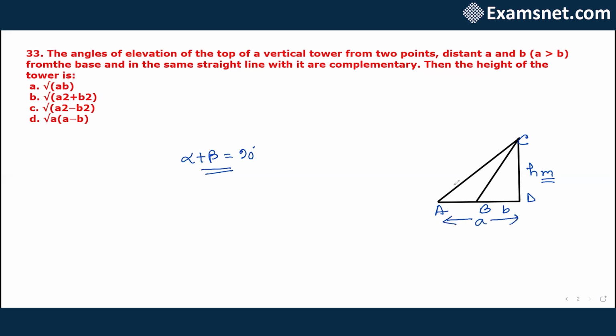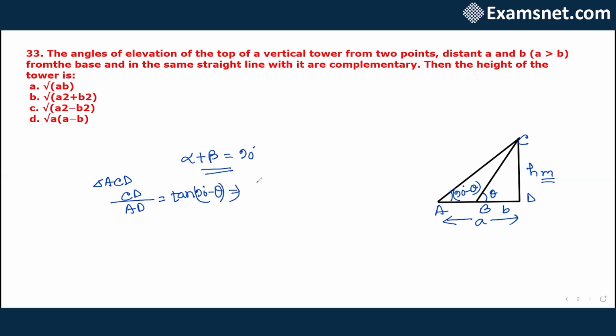The angles of elevation are complementary. If I take one as theta, the other angle will be 90 degree minus theta. So this is the diagram of the above scenario. Now, considering the triangle ACD, CD by AD equals tan 90 degree minus theta.